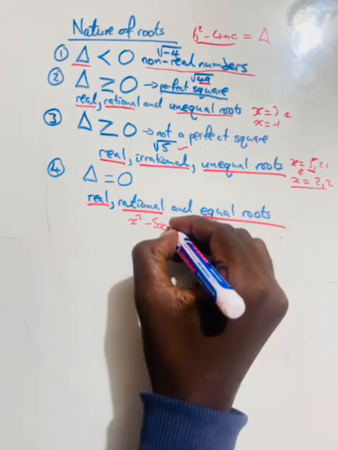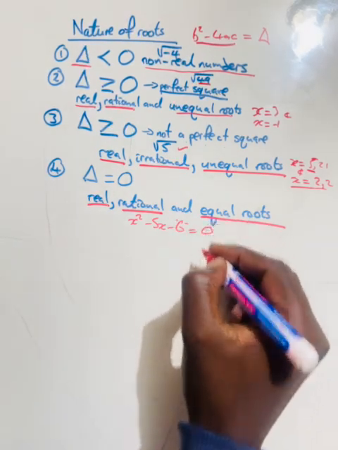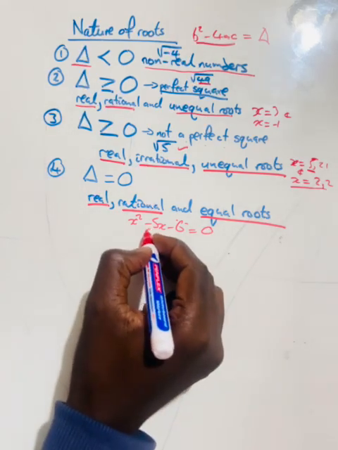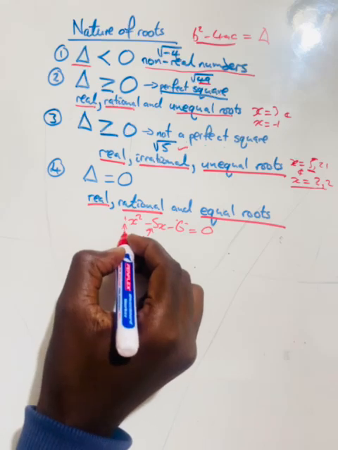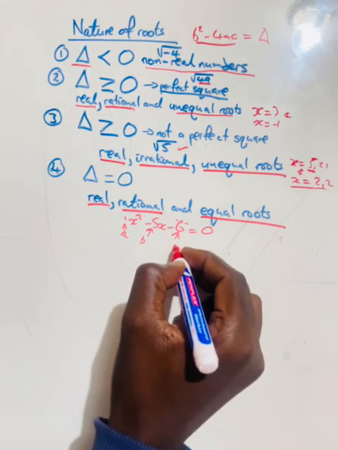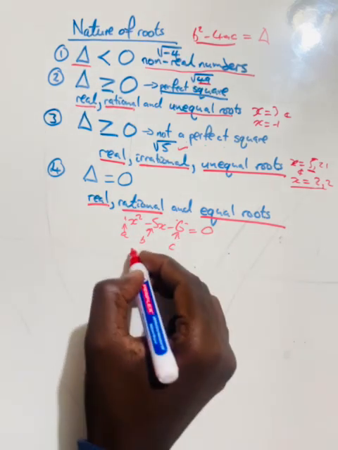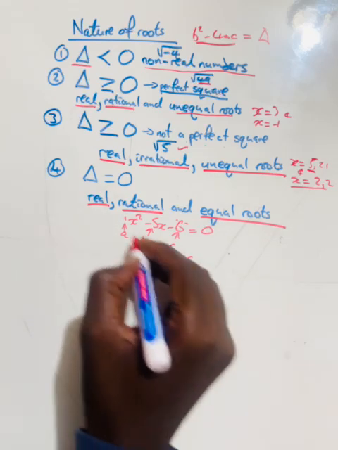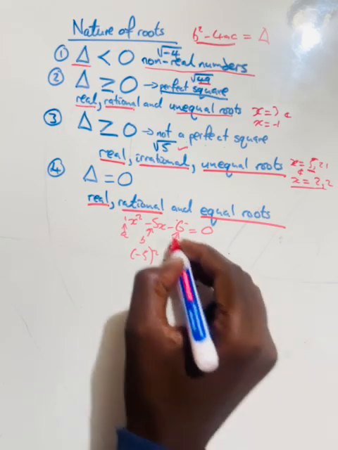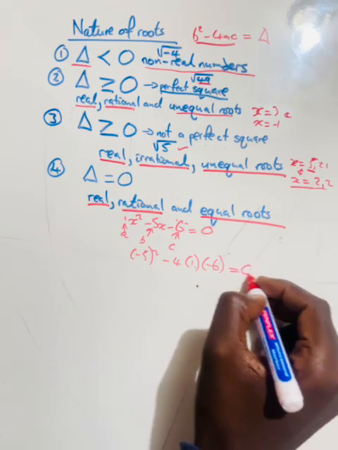Oh, it's minus 6, sorry for that, which is equal to 0. Where is my b? Negative 5 is the b. A is equal to 1, and c is equal to negative 6. B squared, which means negative 5 squared, minus 4 multiplied by a, which is 1, multiplied by c, which is negative 6, we say is equal to 0.